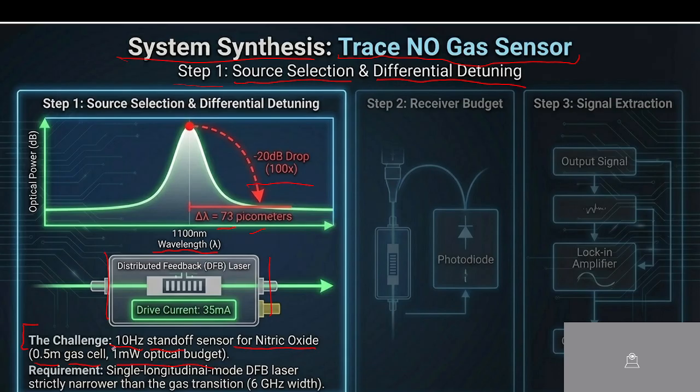It's quite low frequency, and it's a very slow process to detect, and the requirement is a single longitudinal mode FBG laser, strictly narrower than the gas transition, which is 6 gigahertz wide. Okay, so source selection and differential tuning we have discussed already.